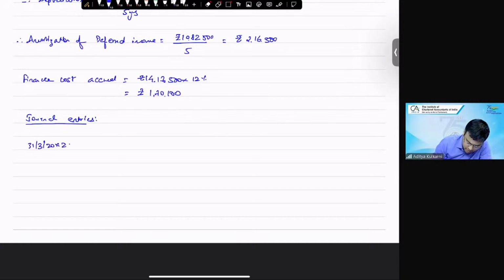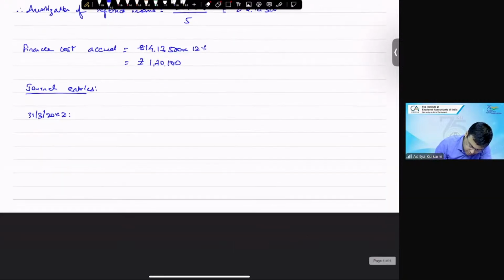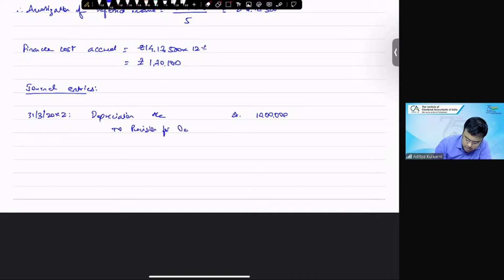March 20x2. Depreciation account debit 10 lakhs to provision for depreciation. Alternatively, you can take it to property, plant and equipment.